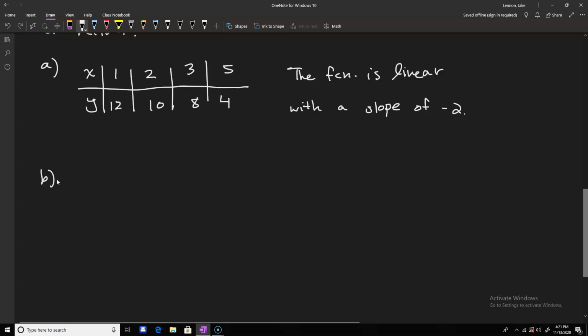Okay, then let's look at another one. So in this data set we have x values -3, -2, -1, 0, and 2.